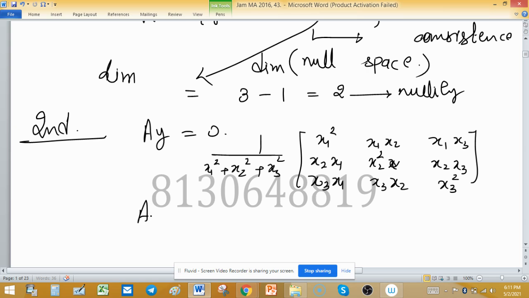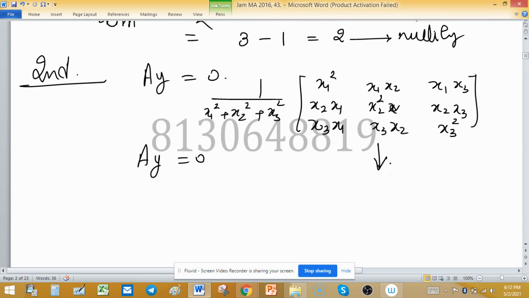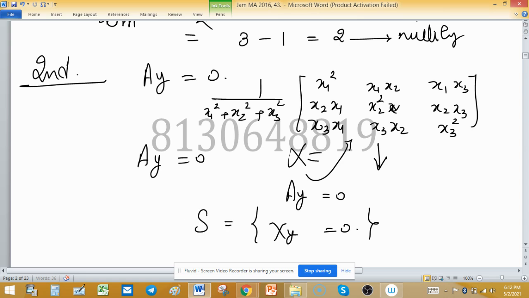So we have to find the dimension of AY equal to 0, and because this is just a number, we only need the dimension of this matrix, because the dimension of the null space doesn't alter when we multiply or divide by a specific number. So let's call this Ax, and AY equal to 0, another set.